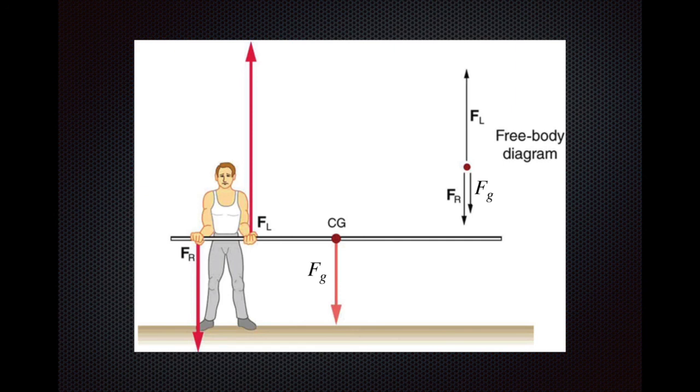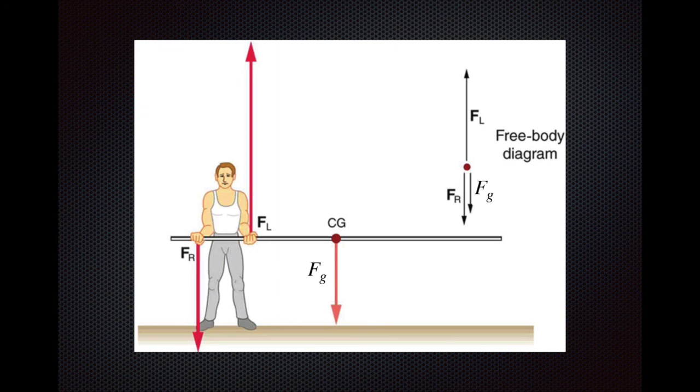The right hand needs to push down with a force that's even bigger than the force of gravity, because it's closer to the pivot point, which is now the point where the left hand is. So the right hand has to push down with a force that's bigger than the force of gravity on the pole to balance out the torque.